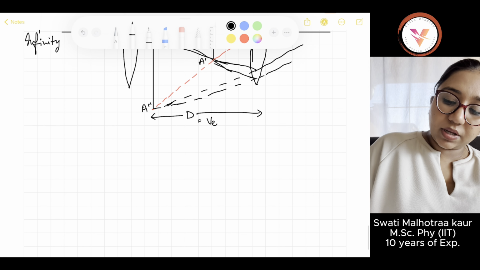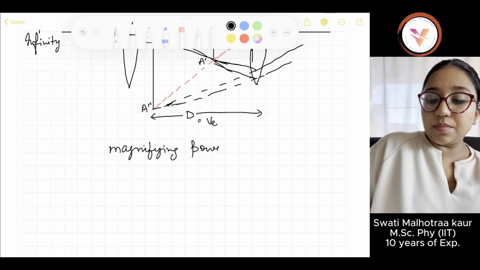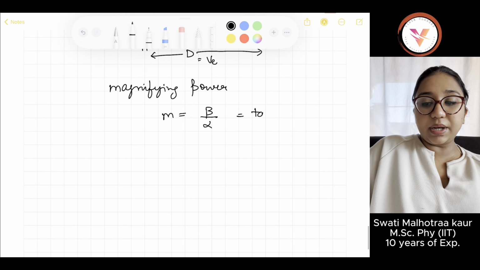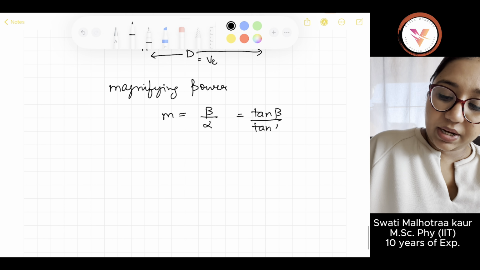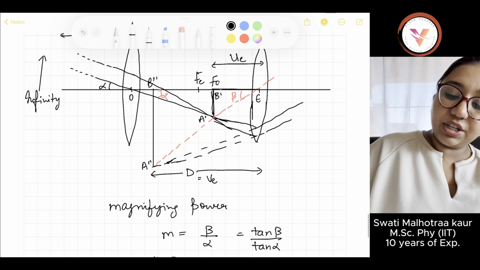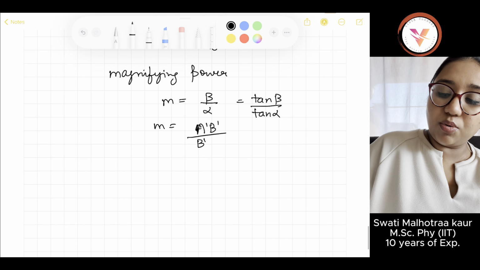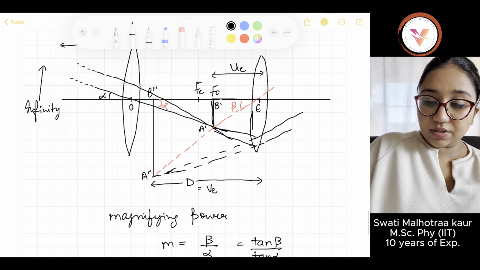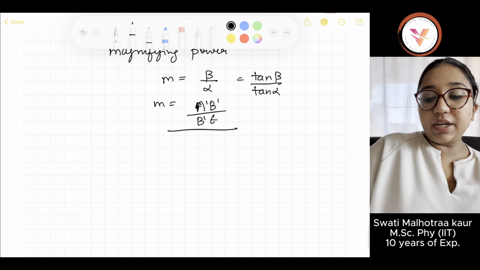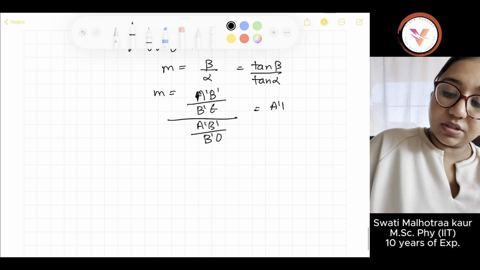So the magnifying power here also, M is equals to beta by alpha, and since the angles are small, I can write tan beta by tan alpha. Now tan beta is basically perpendicular upon base. This is perpendicular, and this is my base, which is A dash B dash upon B dash E, upon tan alpha. For alpha, this and this distance, that is A dash B dash and B dash O, and here A dash B dash will cancel each other.